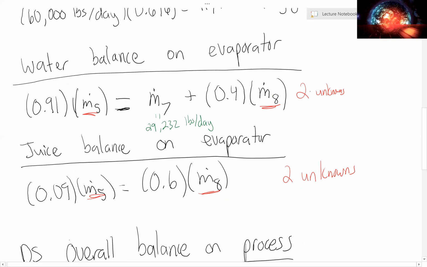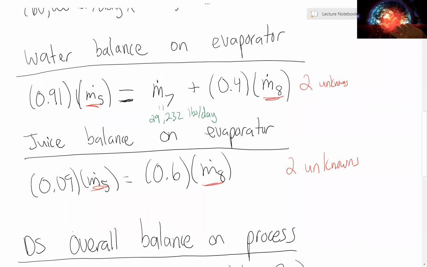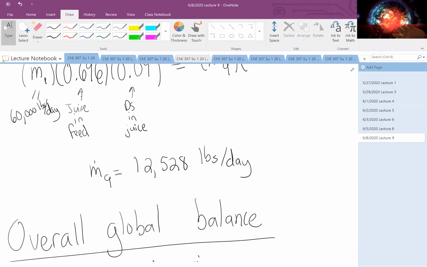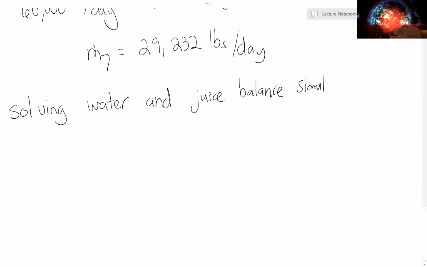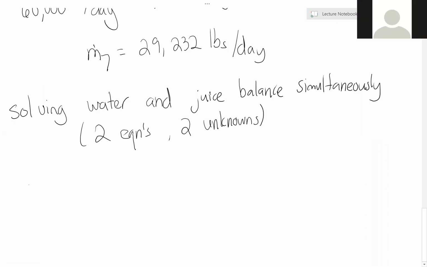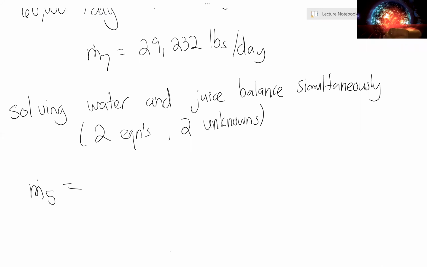So if I solve the evaporator's water and juice balance simultaneously, I should find, write that down, via two equations, two unknowns. I should get that M5 is approximately, let's see, go to my notes.